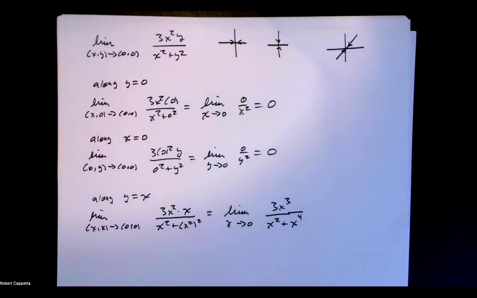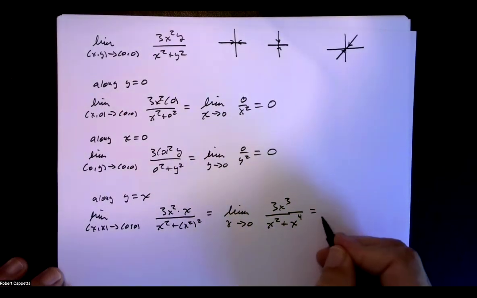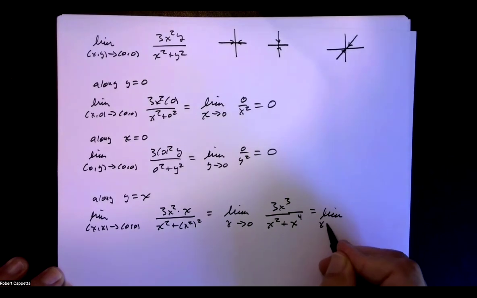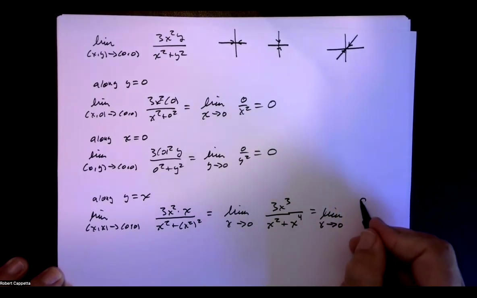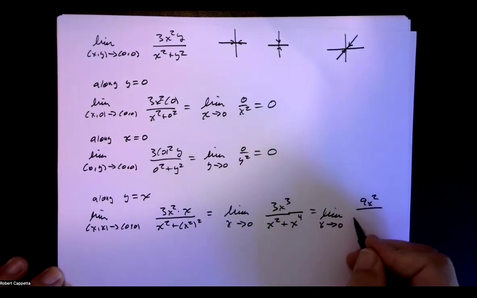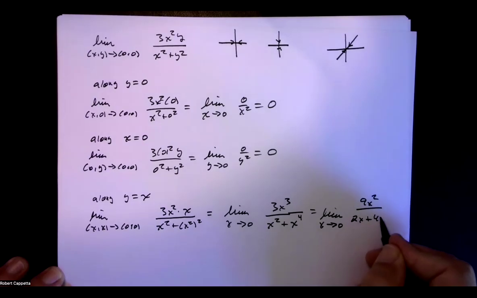And what should we do here? We have a 0 over 0 case, so we can use L'Hopital. So using L'Hopital once, we get the limit as x goes to 0 of 9x squared over 2x plus 4x cubed.